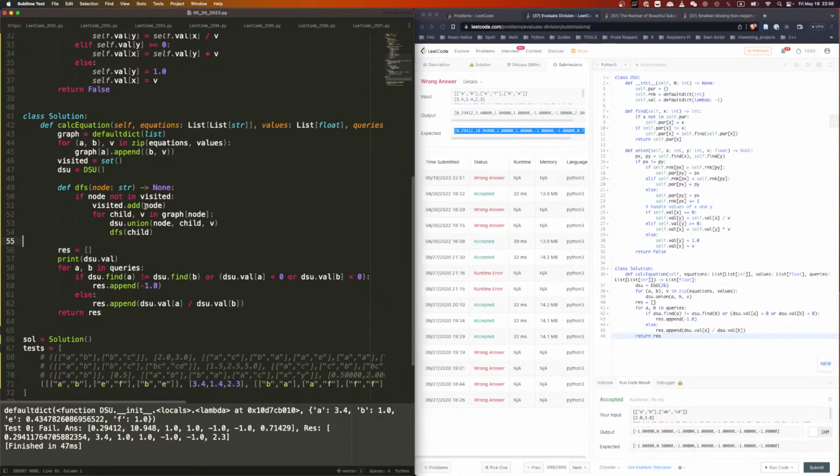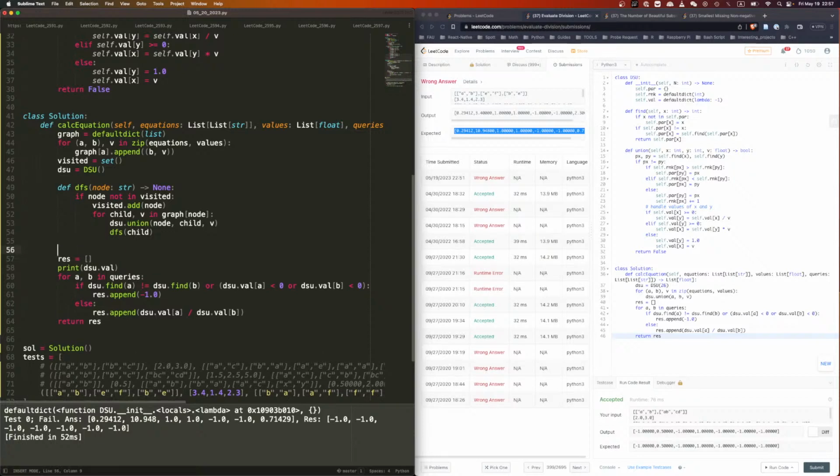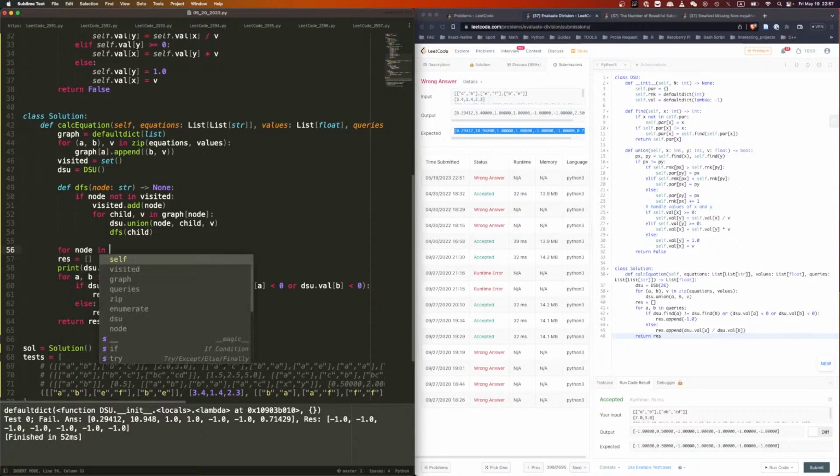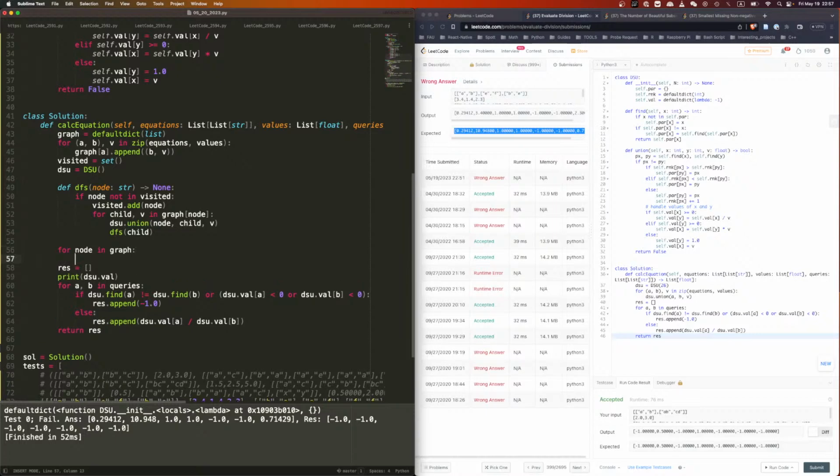Then we do this. Try it. What the hell? That's even worse. I don't get anything. Oh, I didn't DFS it. Dear Lord. For node in graph, DFS node.